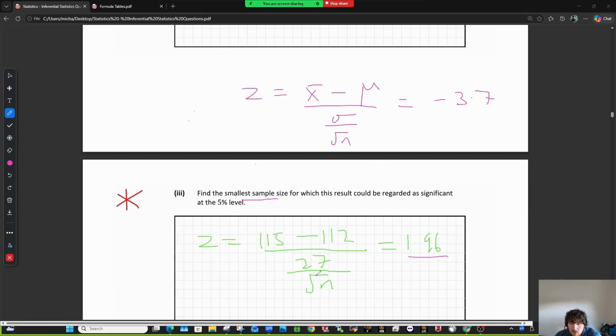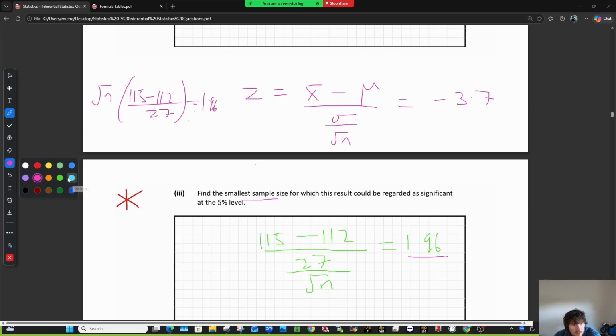Anyway, we want to move this around. There are a few different ways you can do the algebra here. This is obviously a pause-the-video, give-it-a-go moment. One nice thing you can realize is that when you have a fraction on the bottom, that root n actually belongs on top. So that root n, it's really root n multiplied by (115 minus 112) over 27 equals this 1.96.